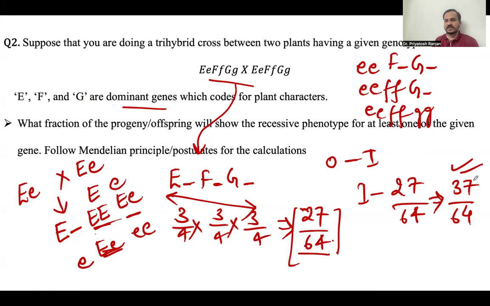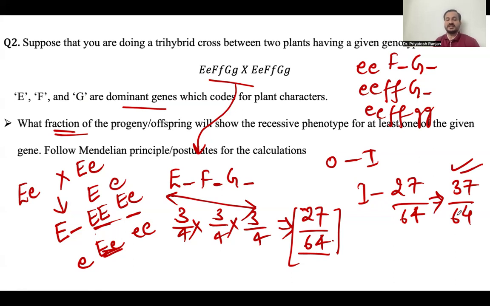Yeah. So the correct answer is going to be 37 by 64, because what they have asked is the fraction. You can report it in a fraction, or you can even convert it into the percentage depending upon what has been asked. So this is the simpler one.